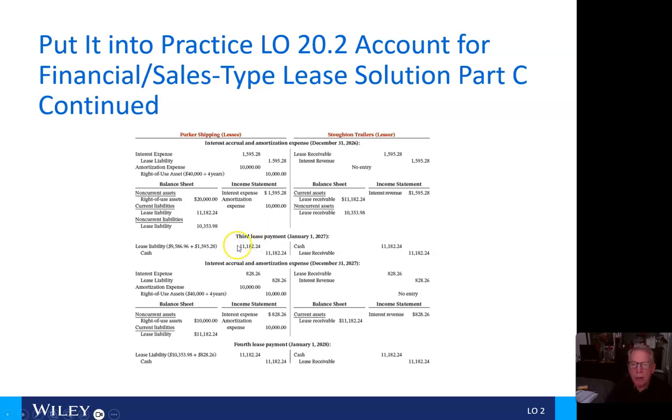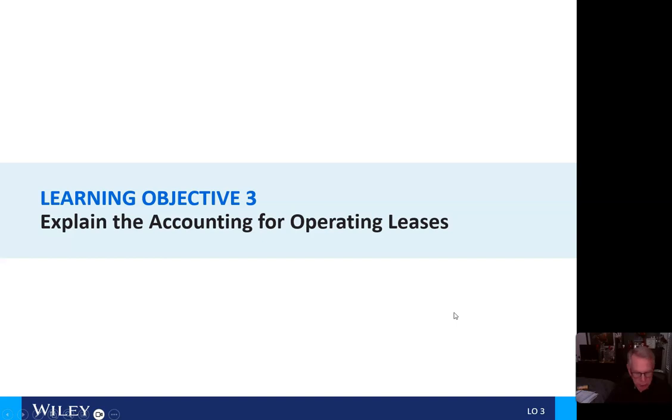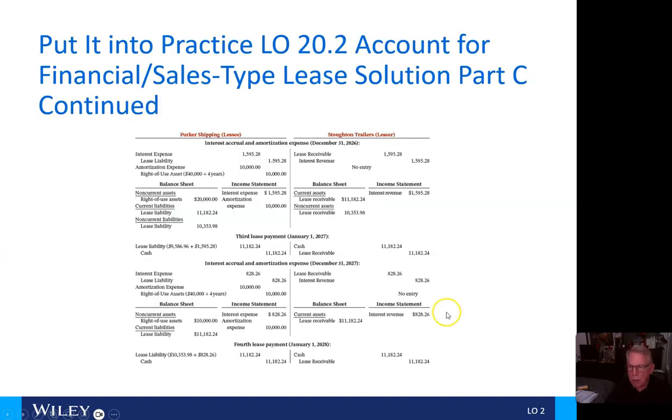And we go through that same process for the third lease payment and the interest accrued and amortization expense and its presentation on the balance sheet and income statement. And we do the same process for Stroughton. Here, here, here, and here, and finally how we show that on the balance sheet and income statement.